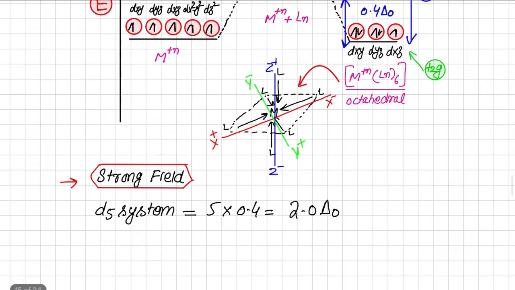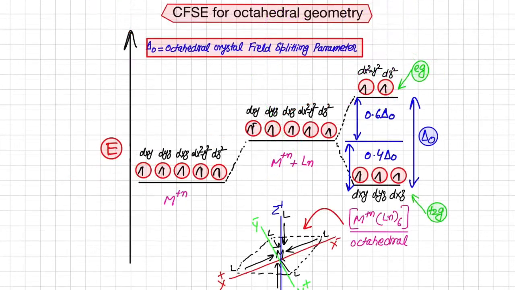So the CFSE value for the D5 system for strong field ligand will be 5 multiplied by 0.4, which will be equal to 2.0 del O. The D5 system includes elements such as manganese, technetium and rhenium in their +2 form.